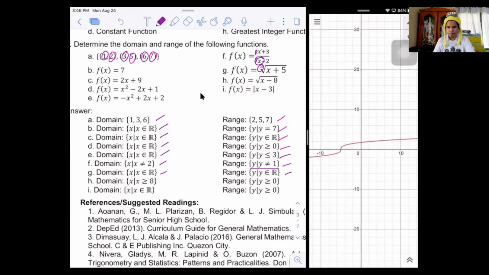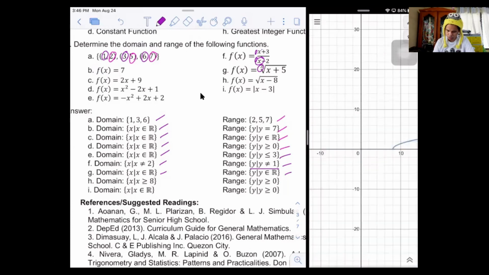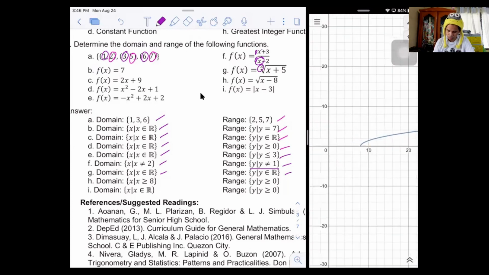Okay? Yes. For letter H, so square root. Mao ni siya ang naay restriction. So let us input y equals square root of x minus 8. So naa na.